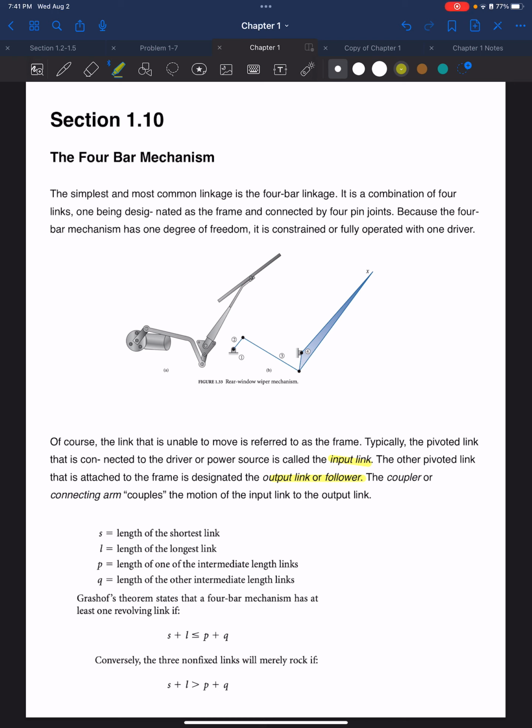We're going to be defining different types of 4-bar mechanisms.